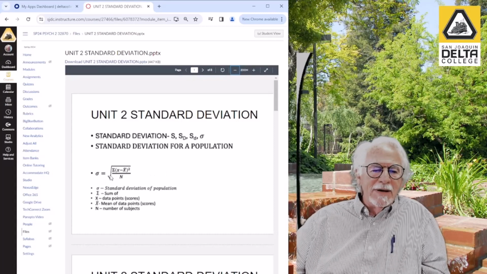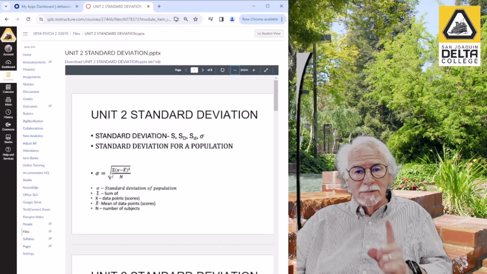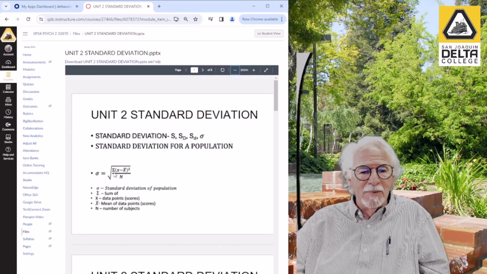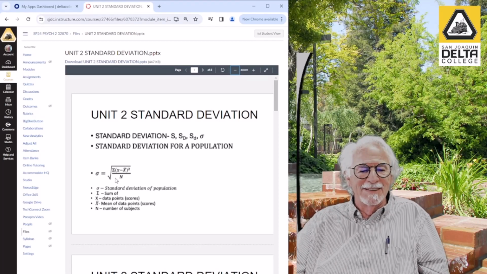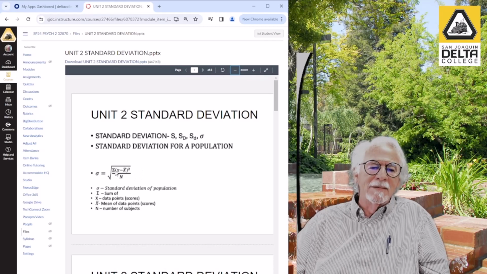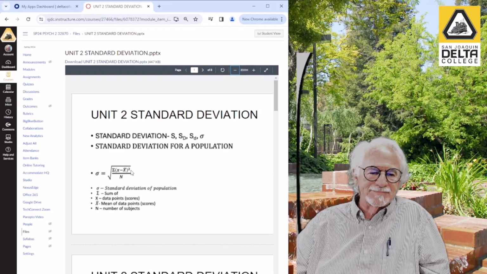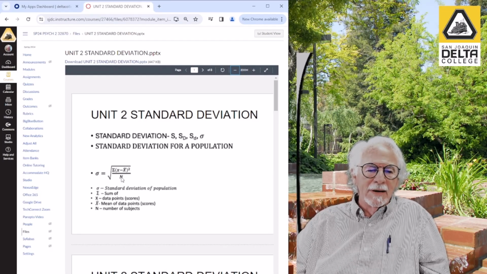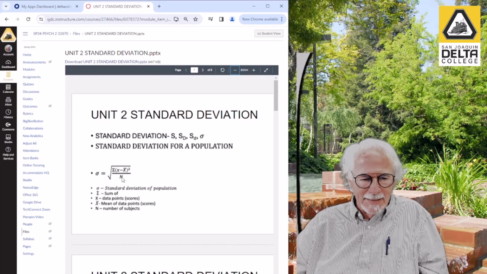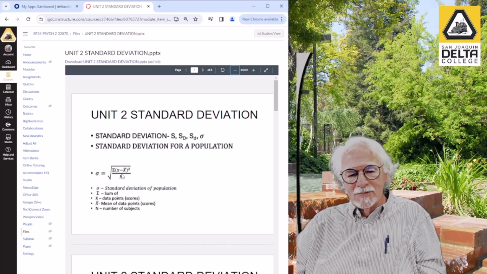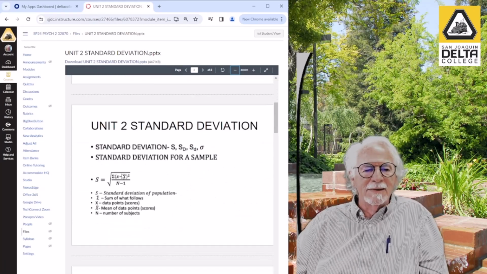So your standard deviation for a population, and I'm going to keep emphasizing population, is the square root of the sum of the score minus the mean, squared, divided by the number of subjects.